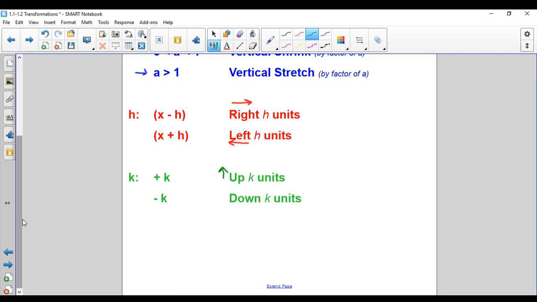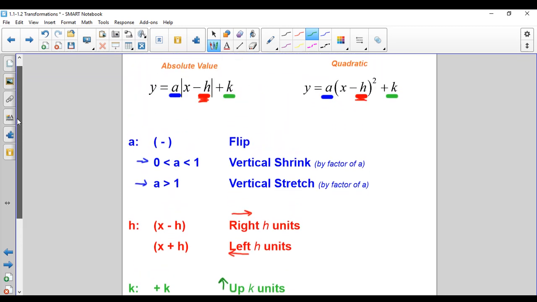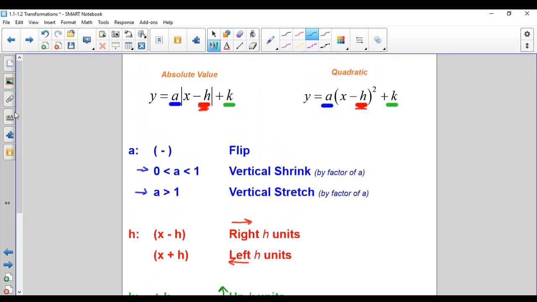If it's a negative k value, a minus k, you're moving down that number of units. This slide holds the key to almost this entire chapter. Everything we talk about today is going to involve this slide.